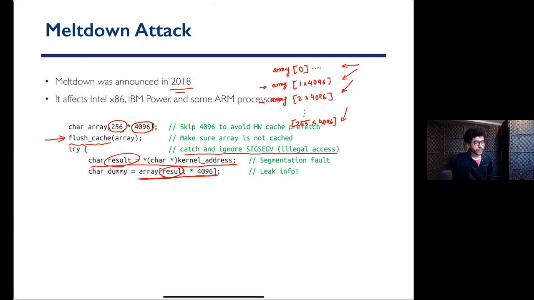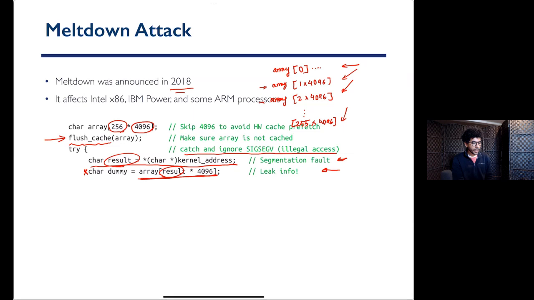Now, obviously, if my instructions were executed in the same order, I shouldn't be able to execute this instruction, right? Because result should not be there, because I shouldn't be able to read anything in kernel address space. So this instruction should not retire. This instruction should not happen. So I should get a segmentation fault, and then it should crash, for example, right?